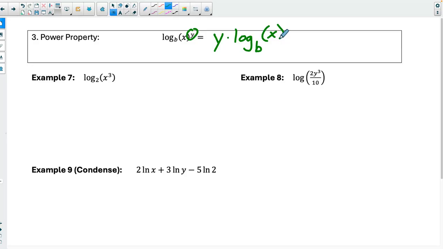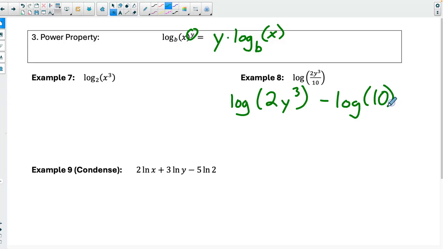The first thing that I'm going to choose to do here is I'm going to break my log up. I'm going to break it into the positives and the negatives. So I'm going to have log 2y cubed minus log 10. Next, I'm going to split up the 2 and the y cubed.